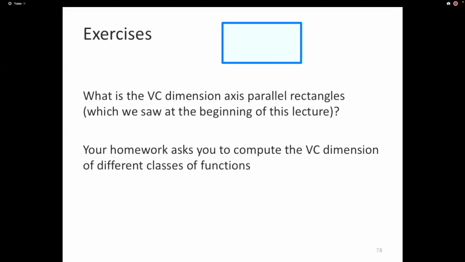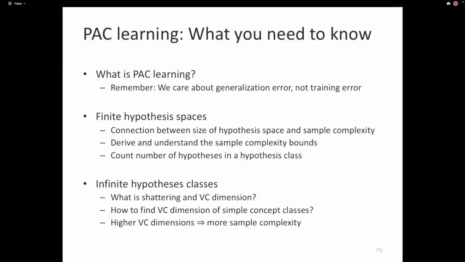Okay, this concludes our section on computational learning theory. Let me do a quick recap because this has been a long set of lectures. We started off this unit with PAC learning, and I defined PAC learning as just a property of a hypothesis space. You need to know what PAC learning is. And the key point here is we care about future error, generalization error, and not training error.